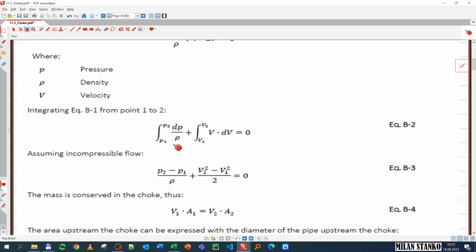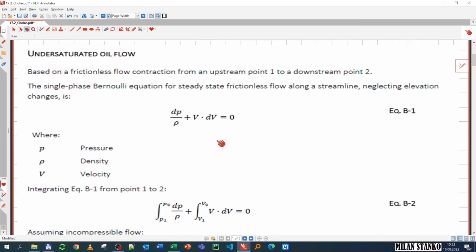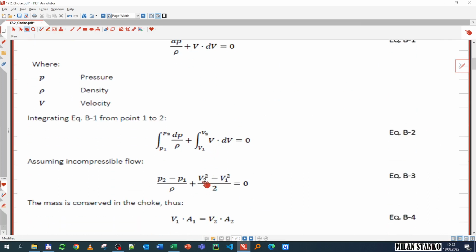Because it's a liquid, we have some pressure effects, but essentially the density remains more or less constant, so I take it out of the equation. I end up with a difference between pressure 1 and the pressure at the throat, which I'm assuming is the pressure out, and I have the difference in kinetic energy, or the difference in the velocity squared at the throat and at the inlet.